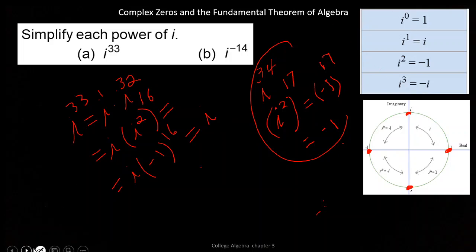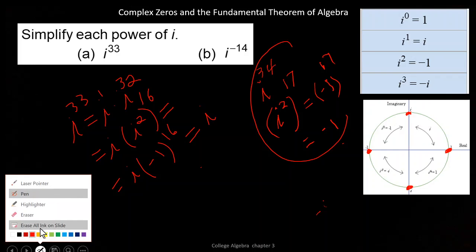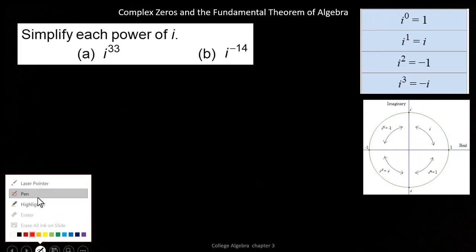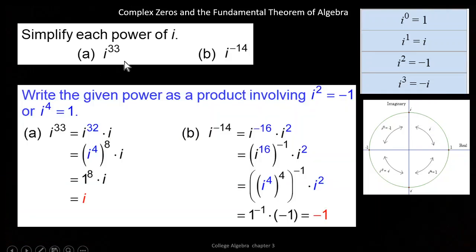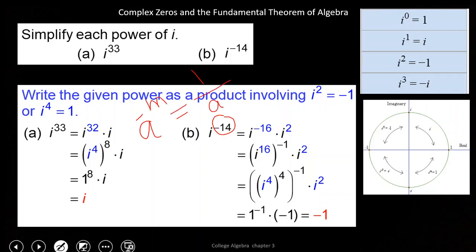So wherever we have one of these powers, we're going to get one of those 4 numbers. In this case, for i to the 33rd, we get i. And for i to the negative 14, since it's a negative power, remember what we do: we move it to the denominator and make it positive.